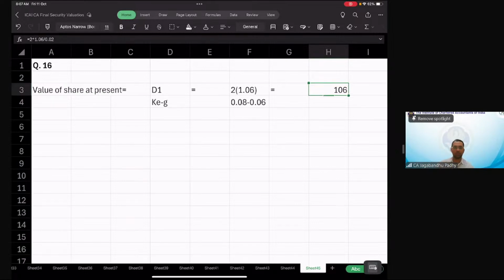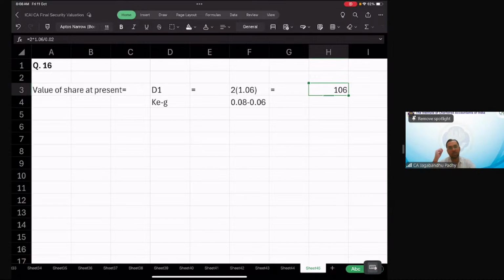But now, if the board implements the decision that no dividend would be paid for the next 3 years, the price in that situation will definitely be different, right?